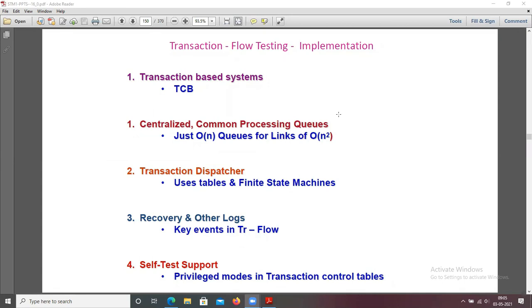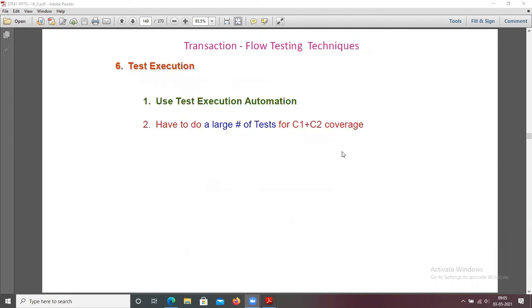For a transaction-based system in TCP, you are going to use centralized common processing queues, a transaction dispatcher, recovery and other logs, and self-test support. In this way, you are going to do the testing for transactions. So this is about today's class.